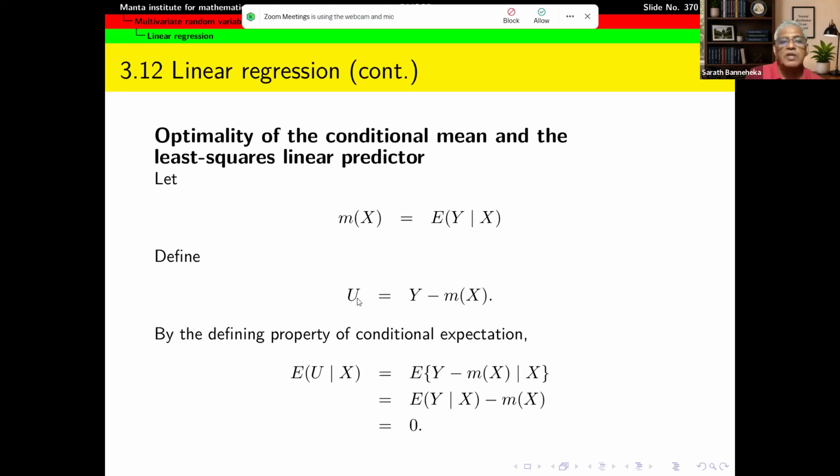Then we can prove that the expected value of u given x is equal to 0, right? You just take the expected value of u given x, so that is the same as the expected value of y minus m(x) given x, which is the expected value of y given x minus m(x), and this is m(x), therefore this is equal to 0.